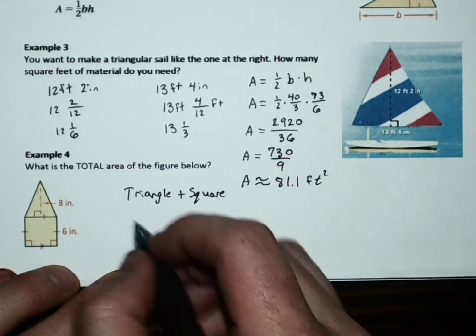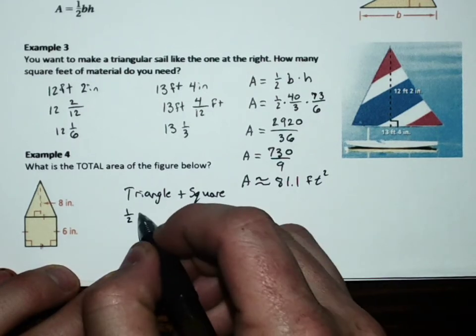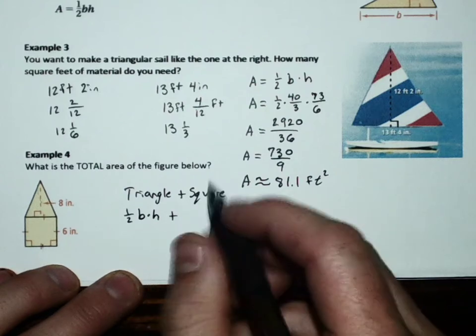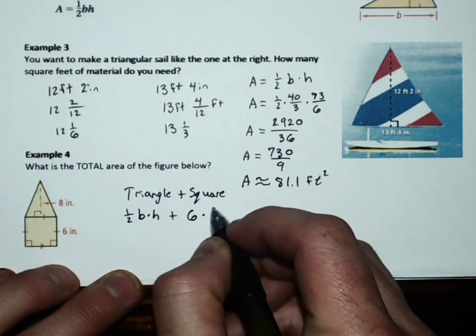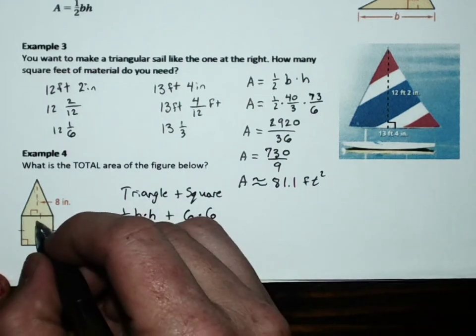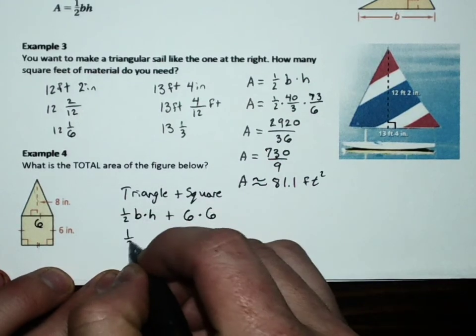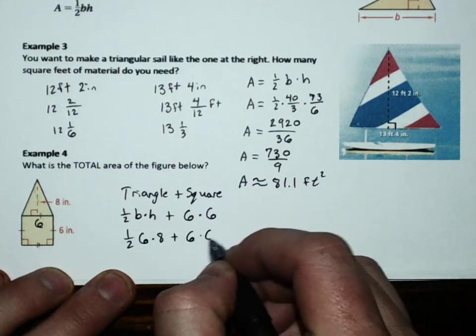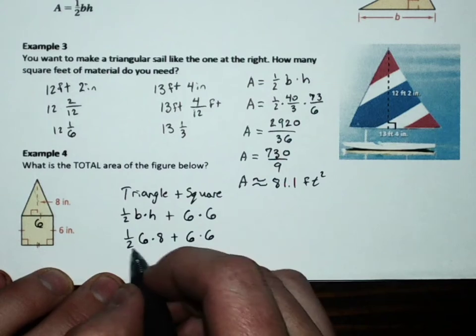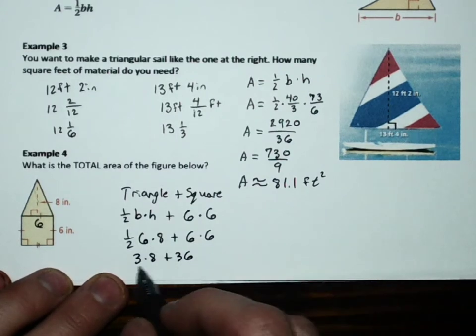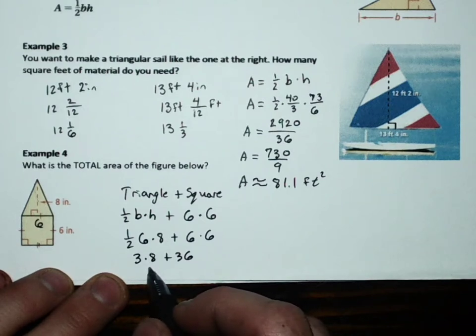So the area of the triangle is going to be 1/2 my base times my height. And my square is going to be 6 times 6. My base of my triangle is 6. So I have 1/2 base times height. 1/2 of 6 is 3. 3 times 8 plus 36. 3 times 8 is 24.